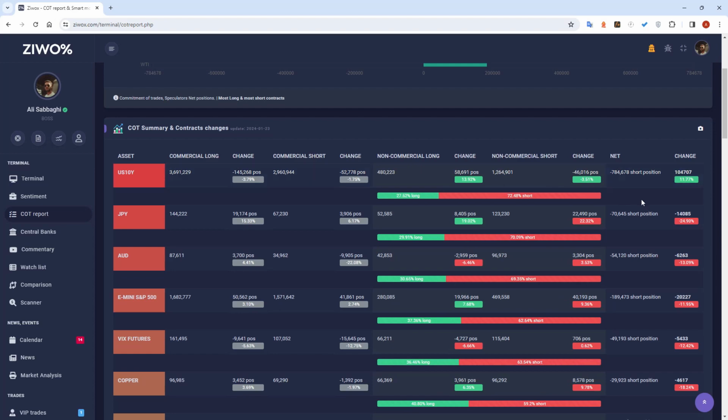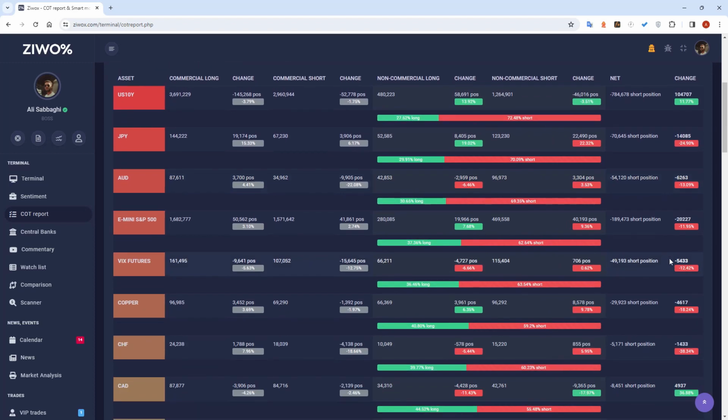The Japanese yen has decreased significantly due to the Bank of Japan stepping back from its hawkish policy. A substantial number of 14,000 contracts were closed for buying positions. Risk assets like the Australian dollar and stocks have all seen a decrease in their positioning.